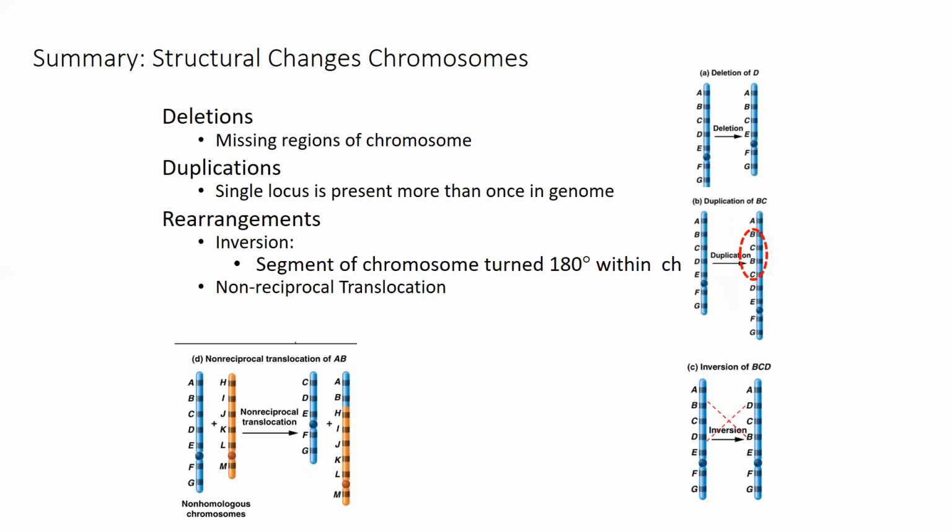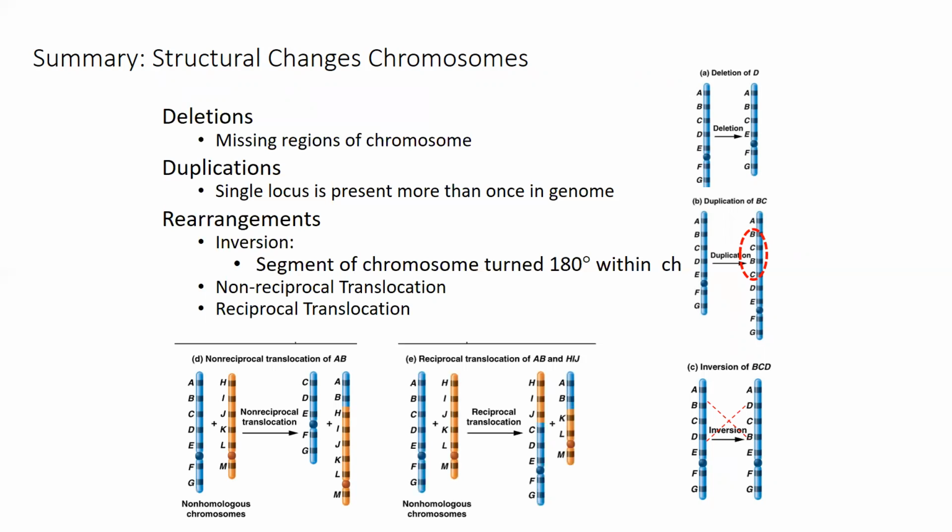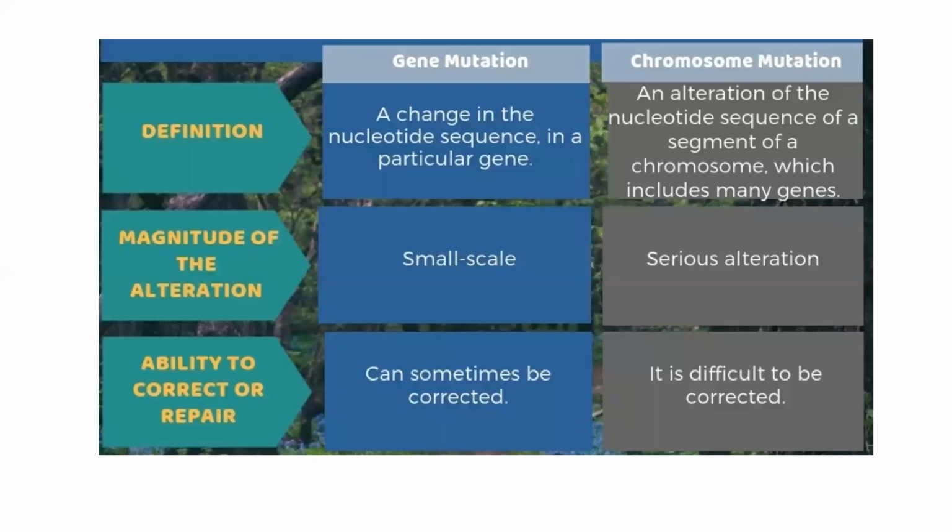Non-reciprocal translocation is a one-way transfer of genes. Reciprocal translocation is a two-way transfer between homologous and non-homologous chromosomes. Okay, so that's the summary of structural changes within a chromosome.